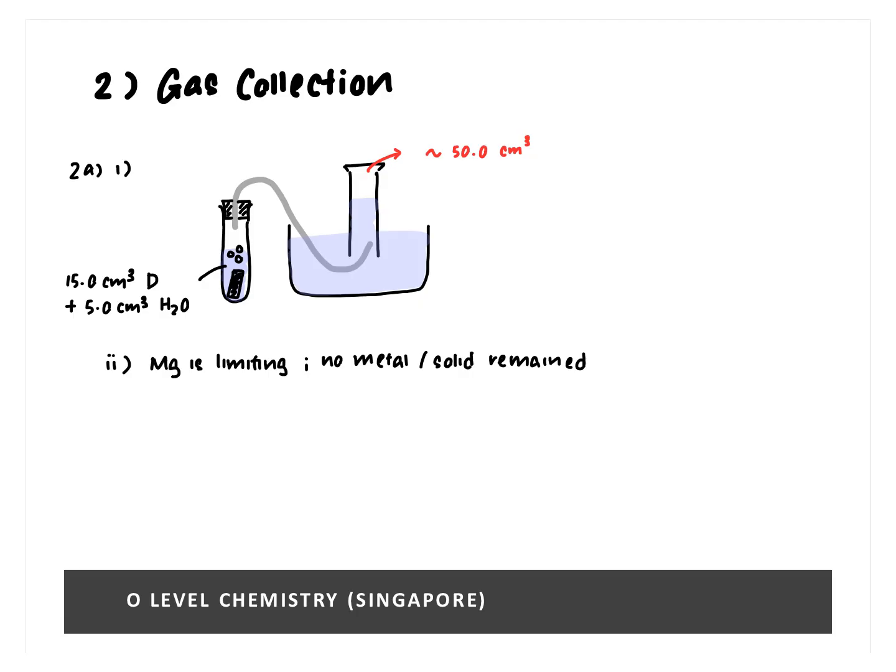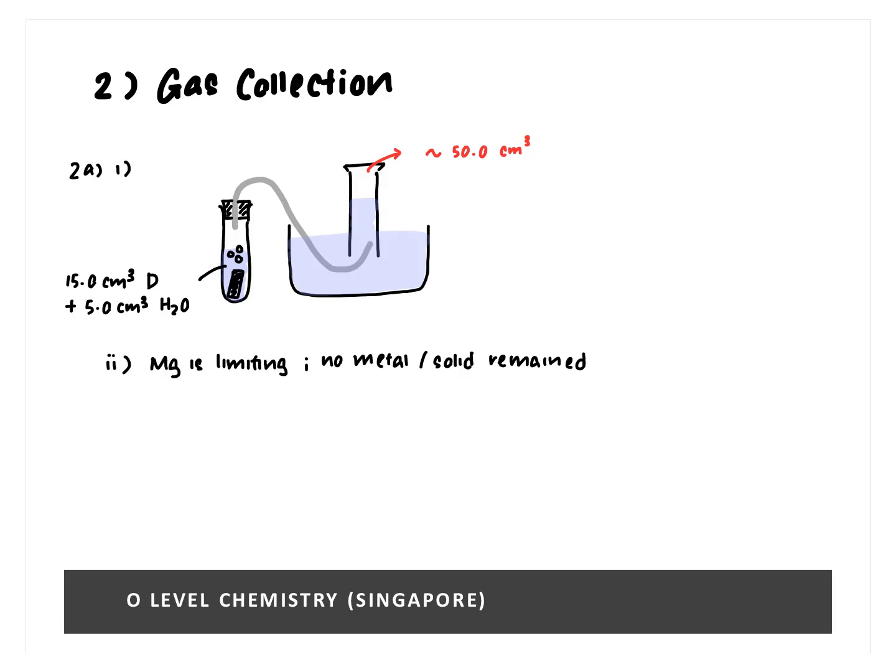So the actual task required students to add a magnesium strip into a diluted sample of acid, and then to measure and record the volume of hydrogen gas produced and collected using water displacement. So it was pretty simple. All students had to do was to read the final reading on the measuring cylinder after no more gas has been produced.